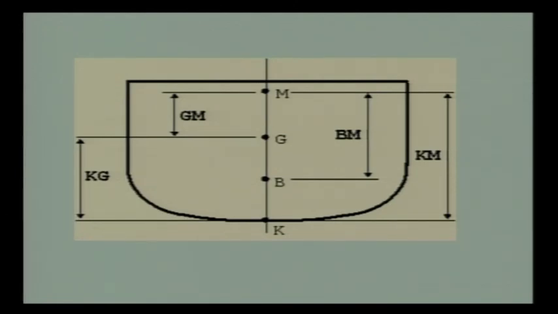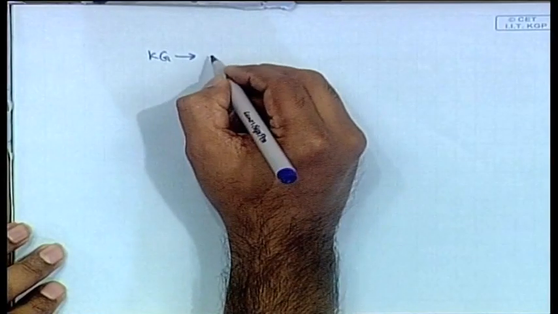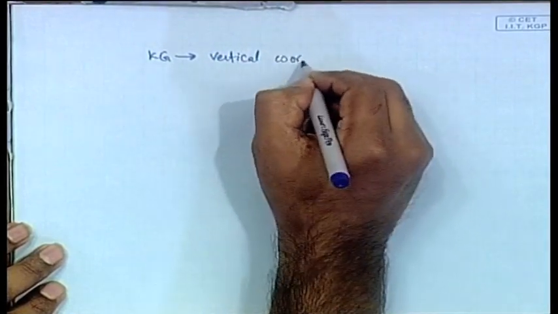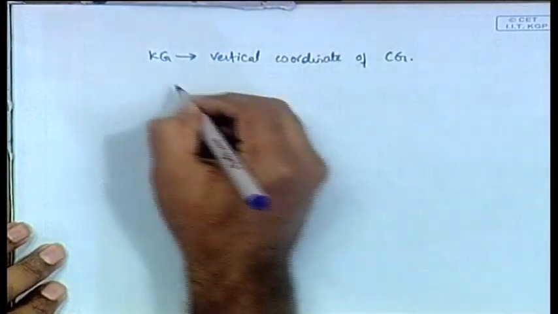KG is what we call the vertical center of gravity. Okay, KG is the vertical coordinate of the center of gravity.